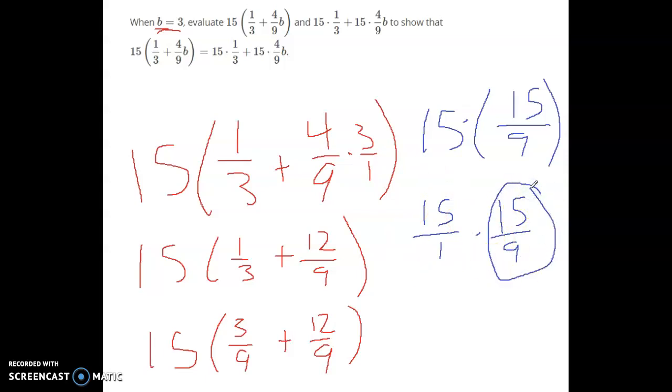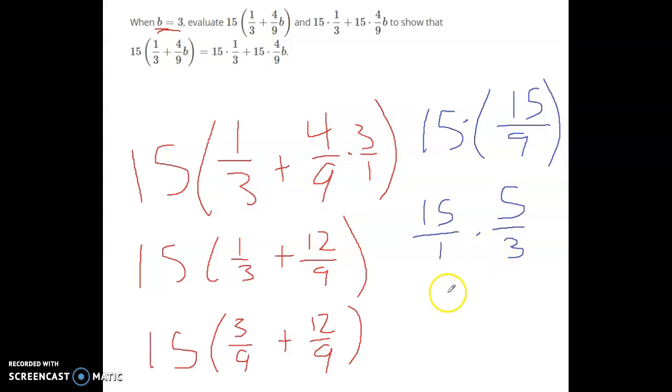I can divide on top and bottom by 3. I'm going to divide on top by 3 and get a 5, and on bottom by 3 and get a 3. So now I have smaller numbers to work with. It's going to just make it easier to do the multiplication.